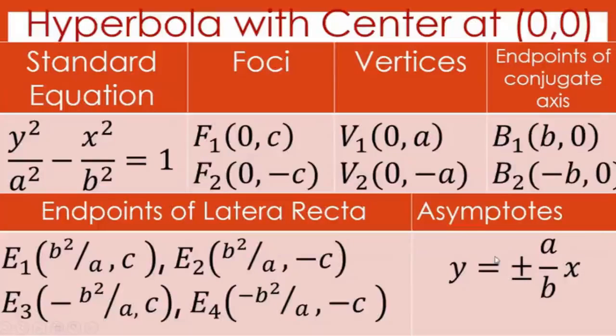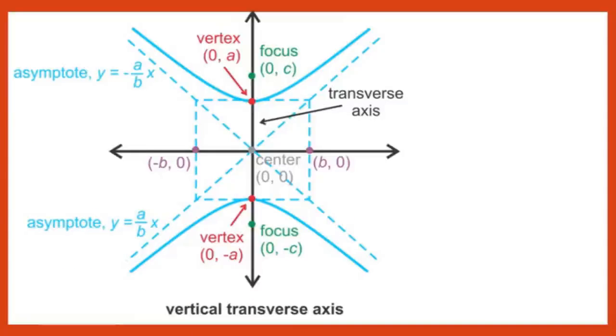For the equations of the asymptotes, it is just reversed. We have y equals plus or minus a over b times x. And the equivalent graph is this one. We have the center located at the origin.